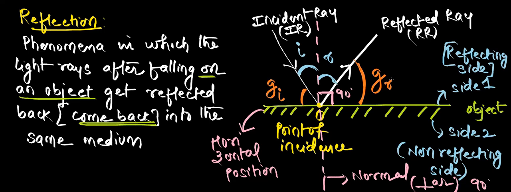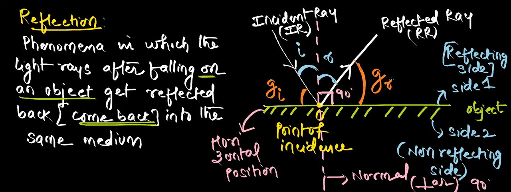Any doubt in this? Angle of incidence means angle between incident ray and normal. Glancing angle of incidence means incident ray and mirror.